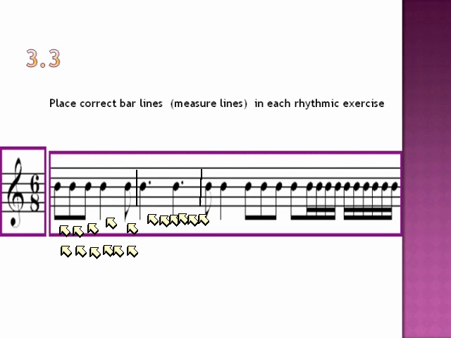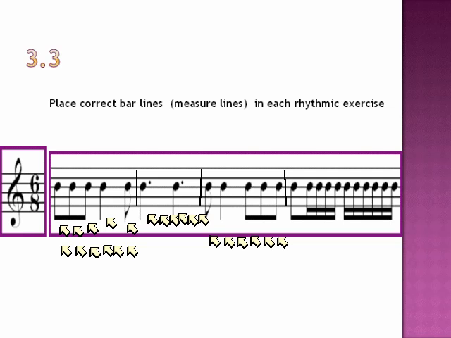And I need to put another measure line right there. Going on. An eighth note is 1 beat. Remember, this is 6/8 time where an eighth note is getting 1 beat. A quarter note is 2 beats. That's 3, 4, 5, 6, and a measure line goes right here.